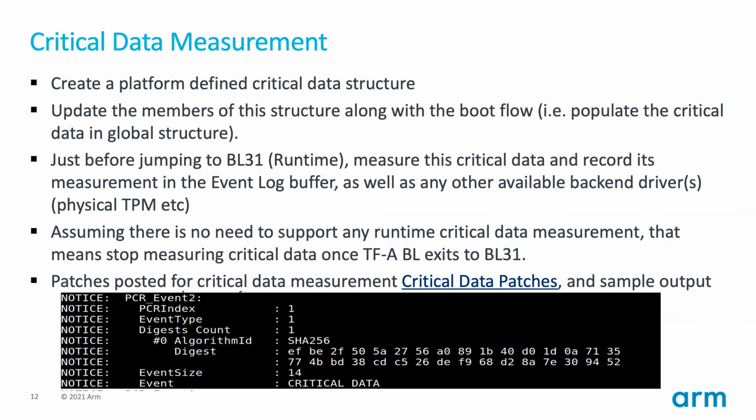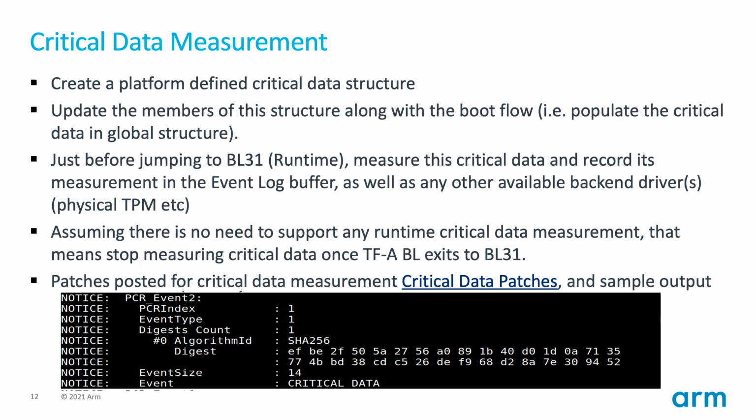So my next slide is like this. They can form the critical data structure as their own platform-defined critical data structure, and add the members in that data structure, which data they want to measure, and then just update those members with the boot flow. And just before jumping to BL31, measure that critical data and record its measurement in all available backends.